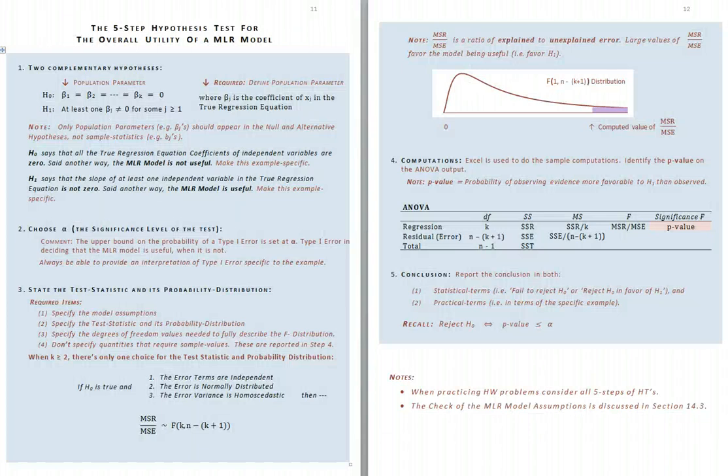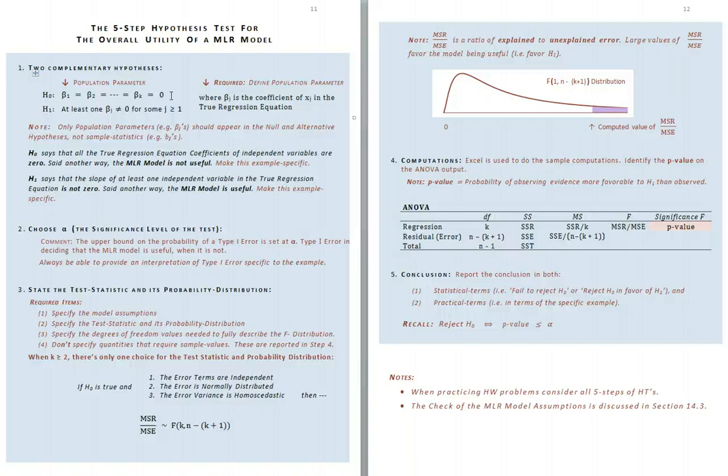I've moved to the next page. On this page, a hypothesis test for overall model usefulness is presented. The null hypothesis says all of the coefficients of the x variables in the model are 0. That is, when x data is entered into the model, it will all be multiplied by 0 and the y estimate won't change.